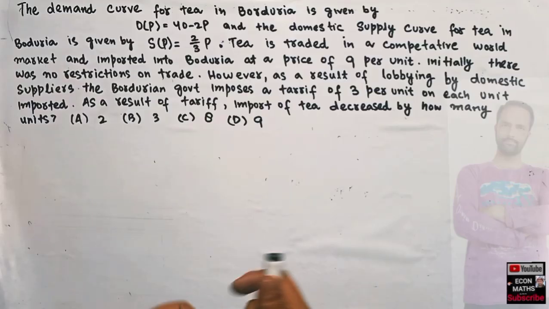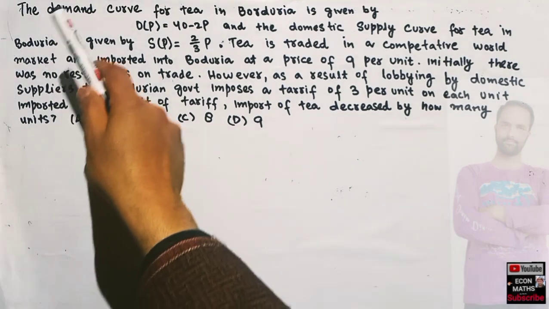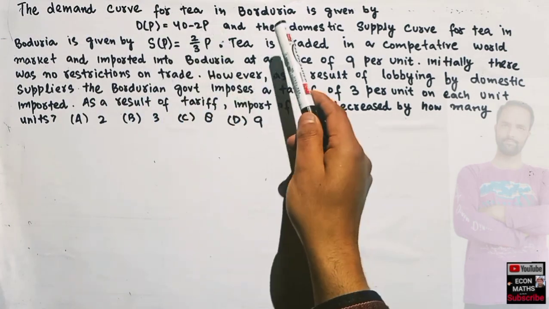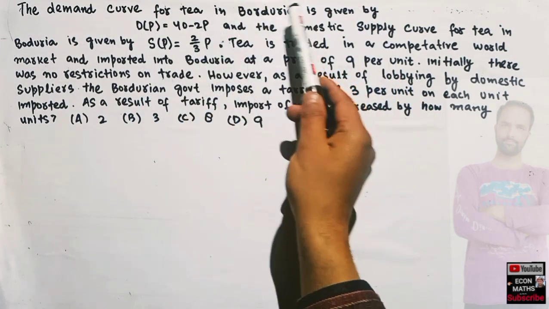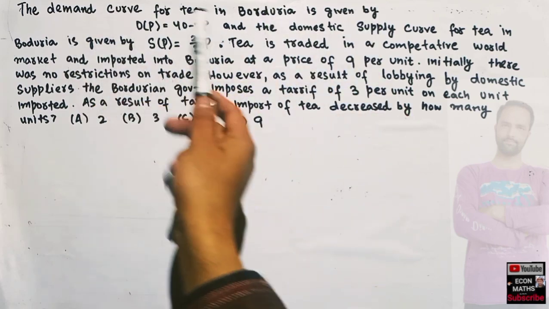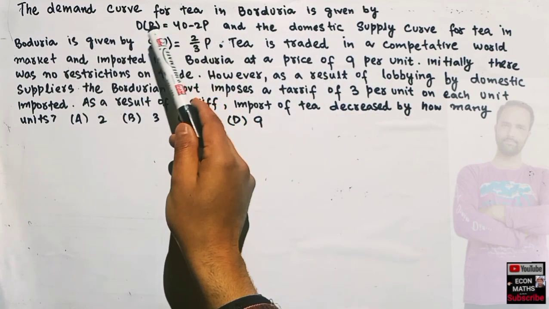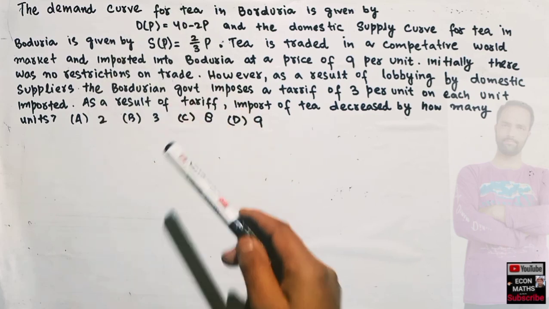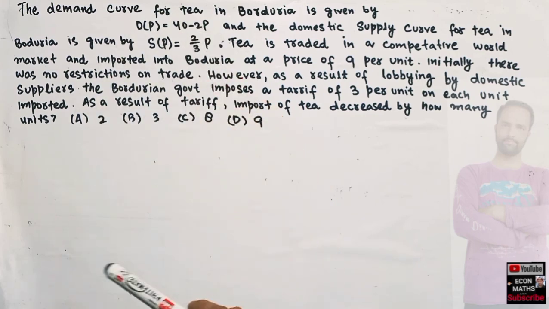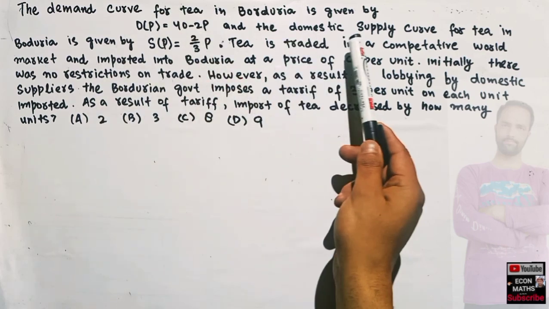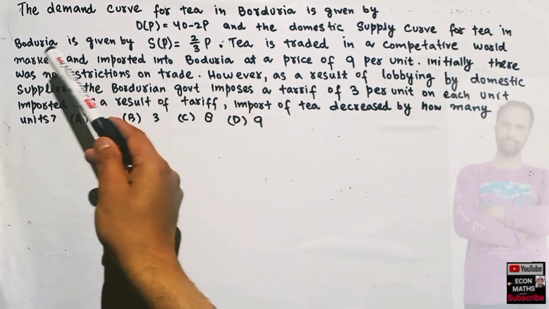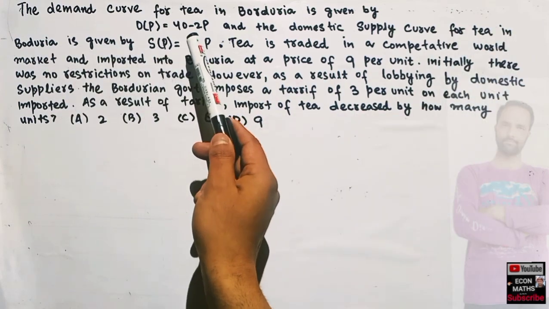Thank you. Next question is, the demand curve for tea in Barodia is given by, we have a hypothetical country Barodia, its demand for tea is being given by Dp is equal to 40 minus 2p. Okay, p denotes the price, and the domestic supply for the tea in Barodia is given by Sp is equal to 2 upon 3p.